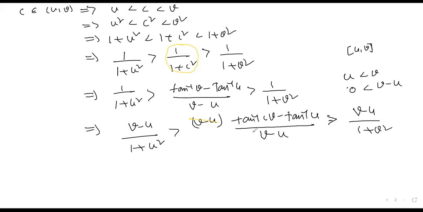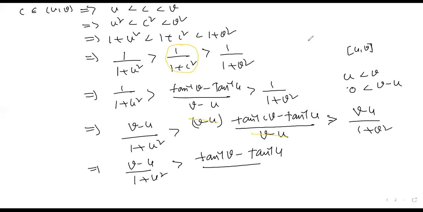Then finally you will get v minus u by 1 plus u square greater than tan inverse of v minus tan inverse of u, which is greater than v minus u by 1 plus v square.